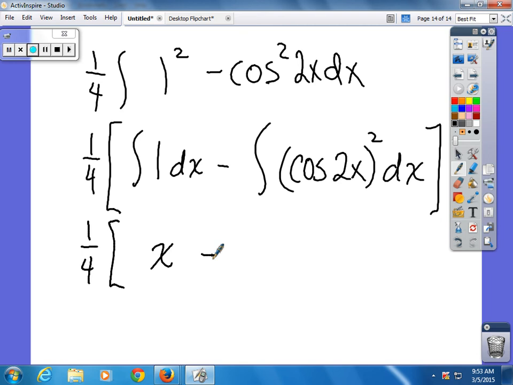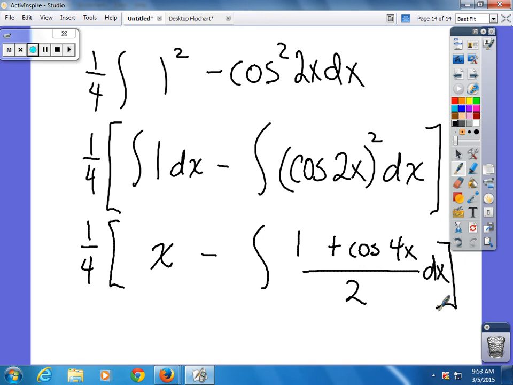So that's going to be antiderivative of 1 plus cosine 4x over 2 dx. And now you're going to break that up because that 1/2 will come out. And then you'll be able to work with this.